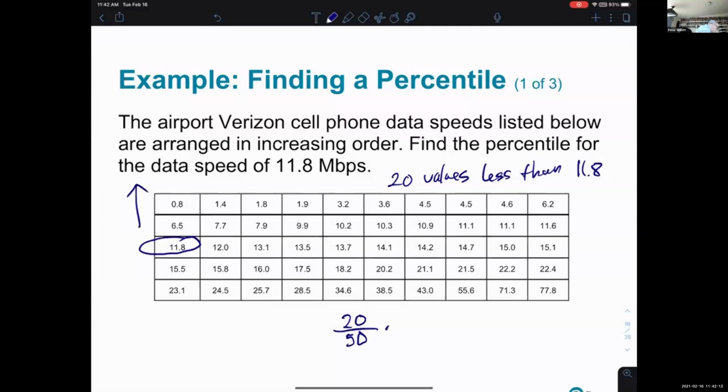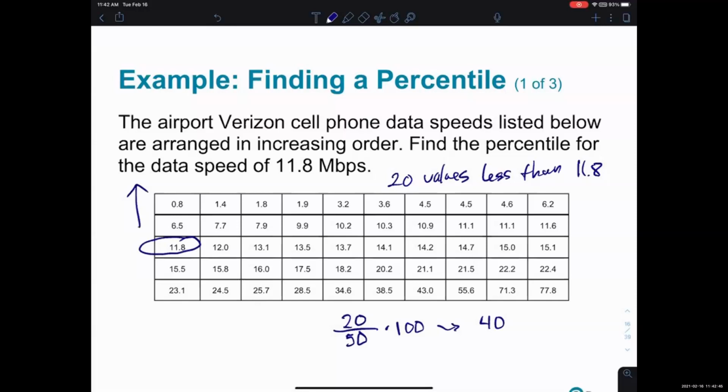And then I would multiply that by 100 to convert it into a percentage, to find what the percentile is for that data value. 20 divided by 50, or 2 divided by 5, as a decimal is 0.4. And if I multiply that by 100, I'll get 40. So that means that this data value is the 40th percentile, because 40% of the data set is less than that one.